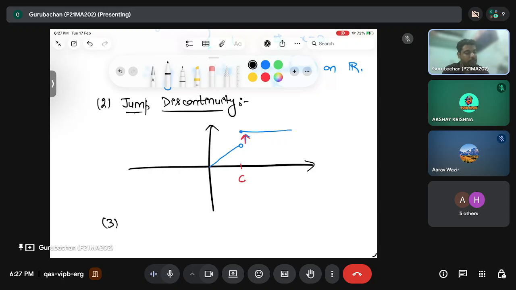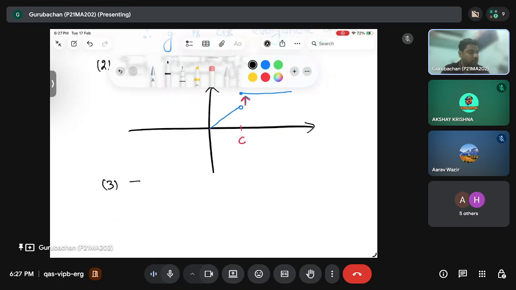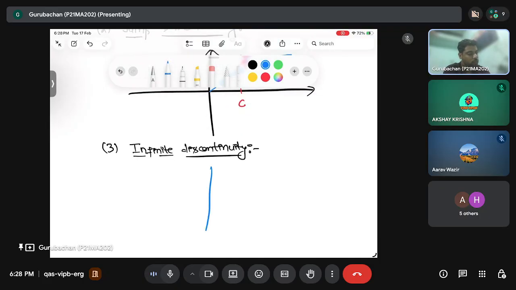The third one is infinite discontinuity. Infinite discontinuity means the limit is infinite. So you can take this.